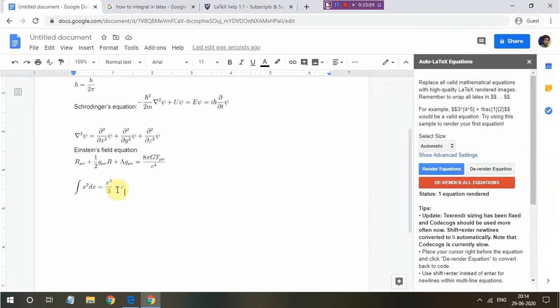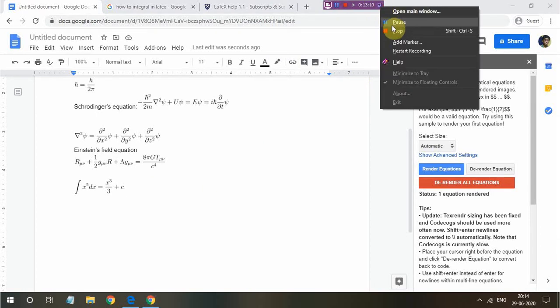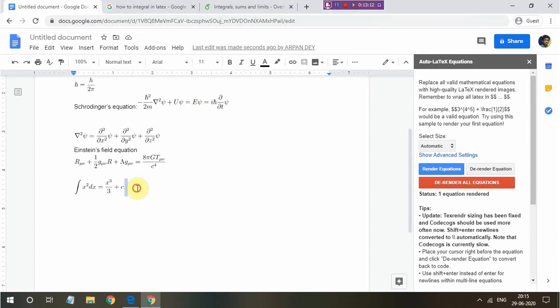This is how you type integrals, and sometimes you need definite integrals. In those cases we need to use the limits also, and for integrals with limits we can use this symbol here, so int, and then the underscore symbol, and then in curly brackets the expression that will be the lower limit, let's say that's a, and then the exponent symbol, and then in curly brackets the thing that will be the upper limit, let's say b, it could be anything, right?